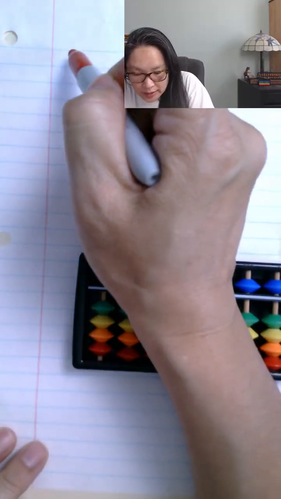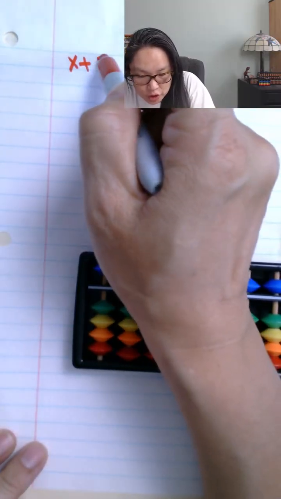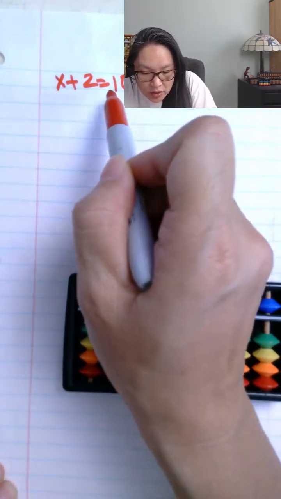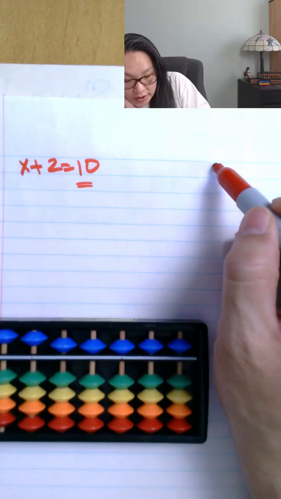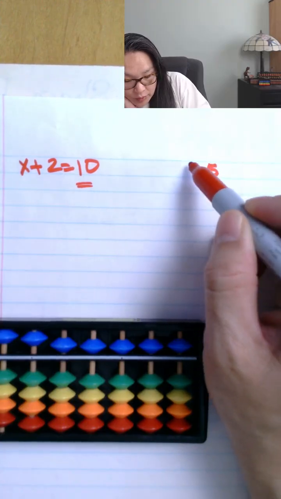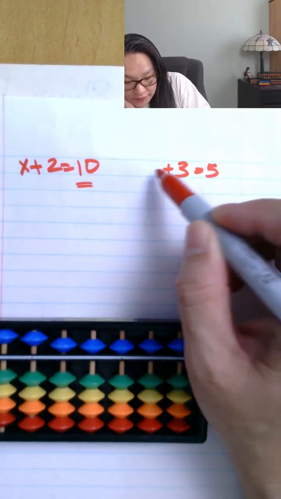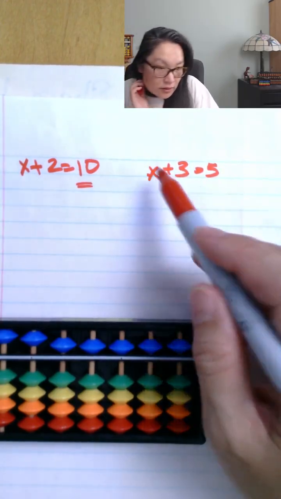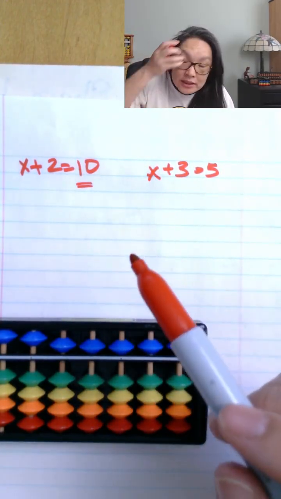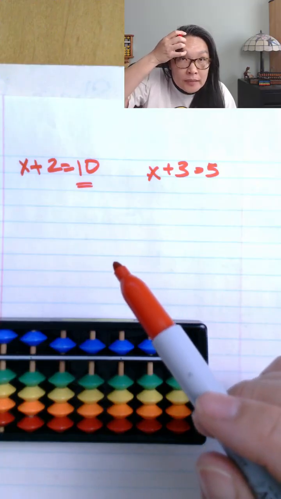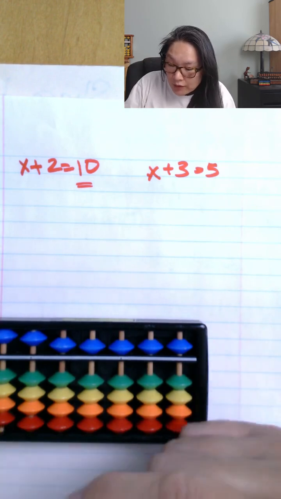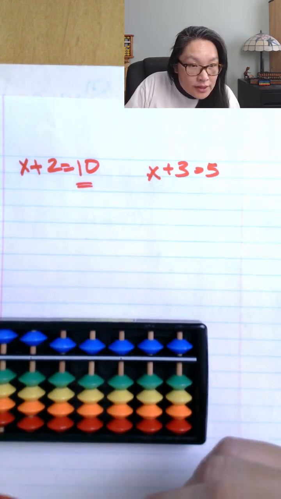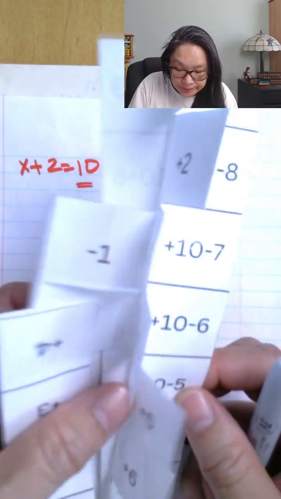We do x plus 2 is equal to 10. We know we're trying to make a 10. Or what we're trying to do is make a 5. What are the two ways to make a 5? And so this is our x. So it's a little library of Abacus algebra formulas. Yeah, that's a really good analogy.